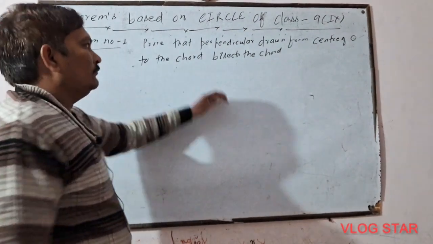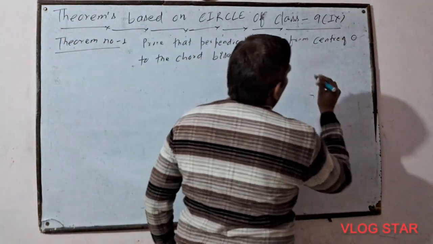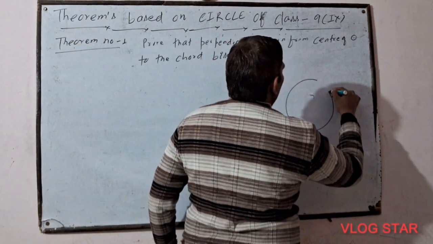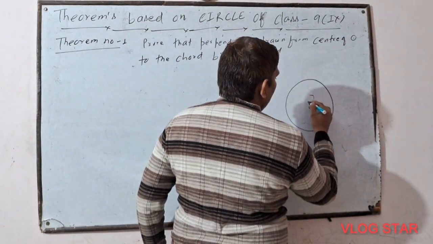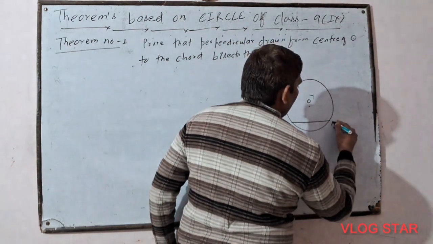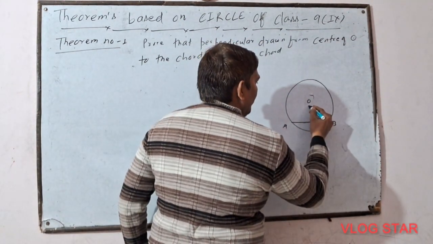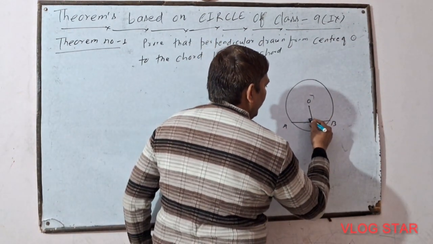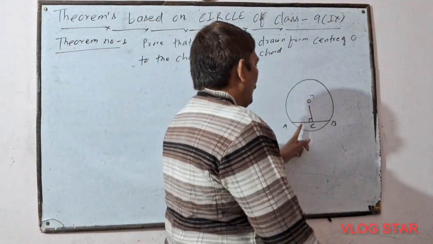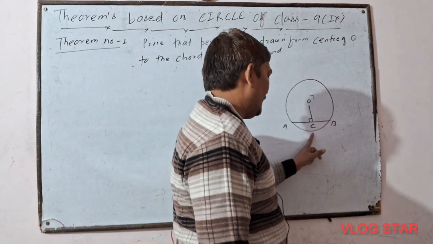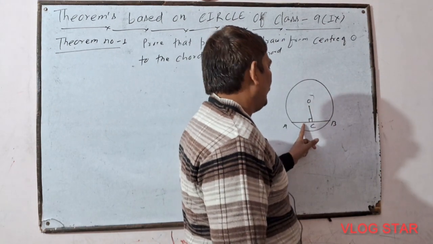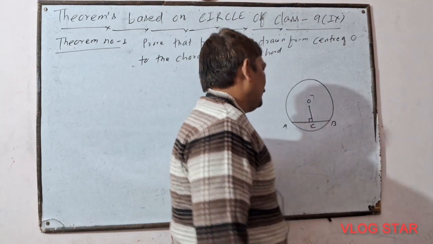See, first of all, I will make the diagram. See, this is the circle, this is the center of circle, this is the chord AB, and this is the perpendicular OC from the center of circle. We have to prove that OC bisects AB, that is, it divides AB into two equal parts, that is, we have to prove that AC equals BC.